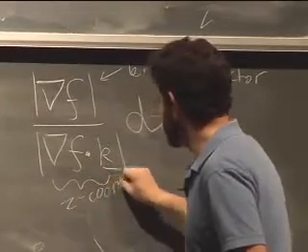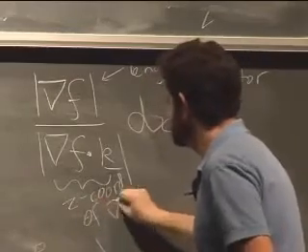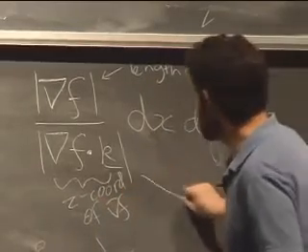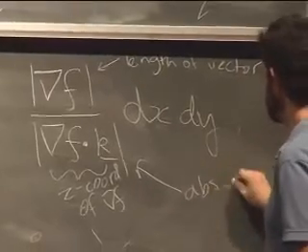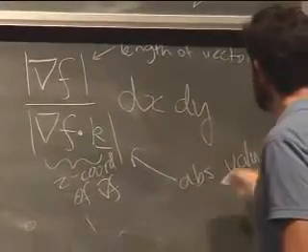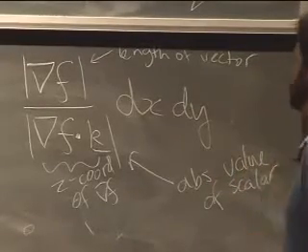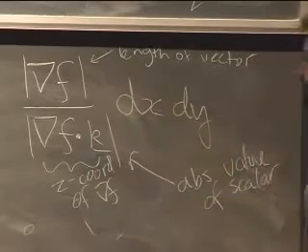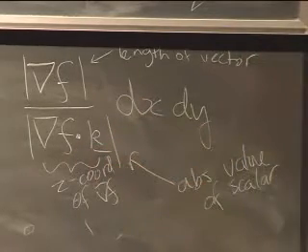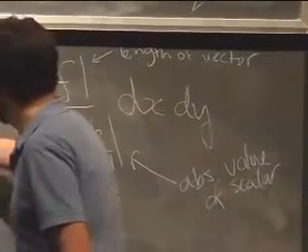So even if you don't like the k, you're just the z coordinate of grad f. So this then becomes just a regular absolute value of a scalar. So it's a sort of confusing formula in a sense that this is a length and this is an absolute value. Of course, they're the same thing if you think of this as a one-dimensional vector, but let's not get so esoteric.